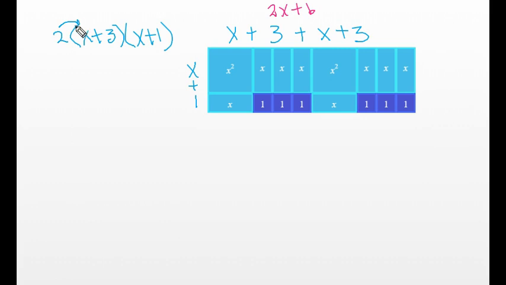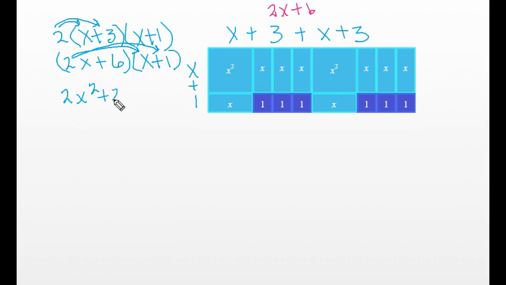If we distribute the 2 to the x and the 3, we get 2x plus 6 times x plus 1. And then if we distribute the 2x to my x and the 2x to my 1, I get 2x times x is 2x squared. 2x times 1 is 2x.